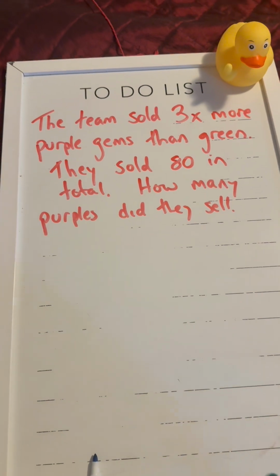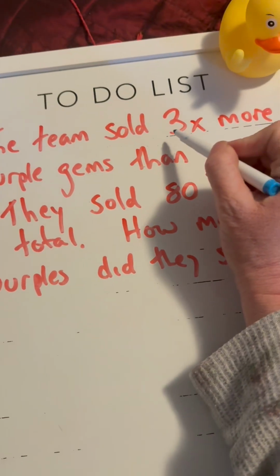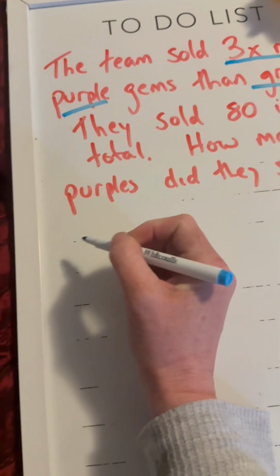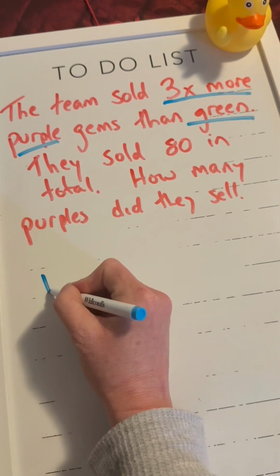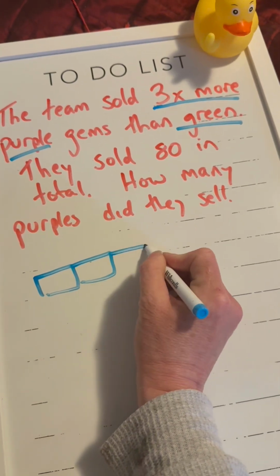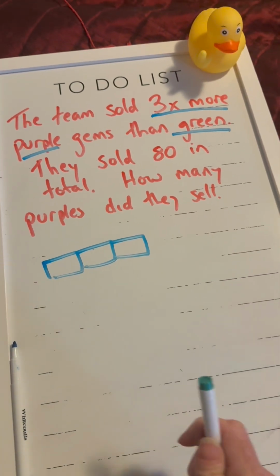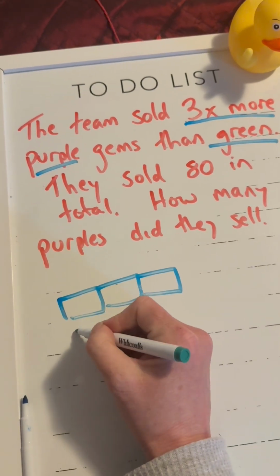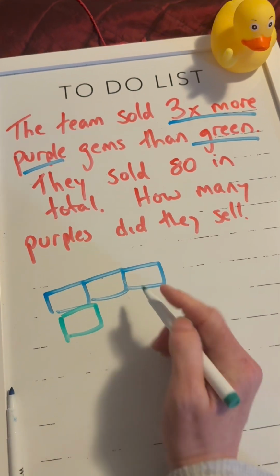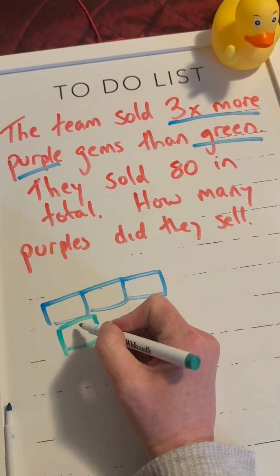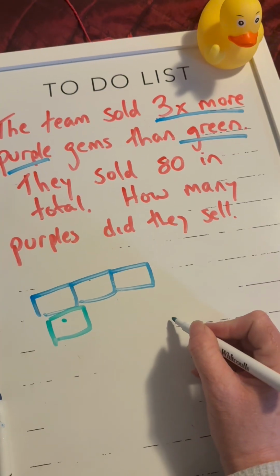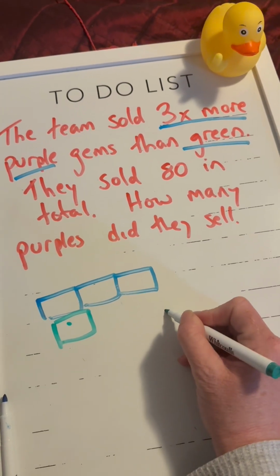So they sold 3 times more purple gems than green. So I want you to imagine 1, 2, 3 purple gems for 1 green gem, okay? So green, purple, purple, purple.